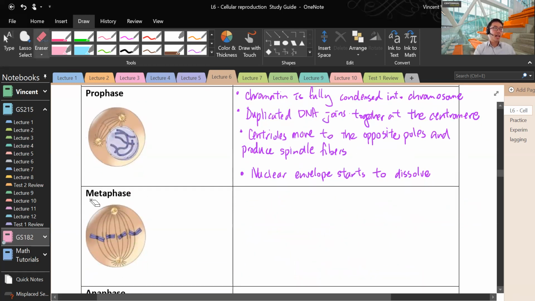Next, metaphase. M is for middle. The spindle fibers attach to the centromere of each chromosome.